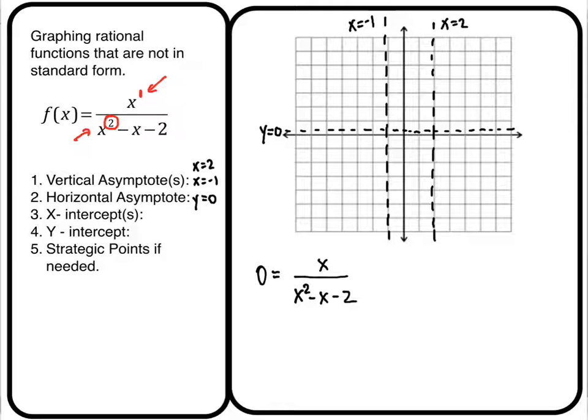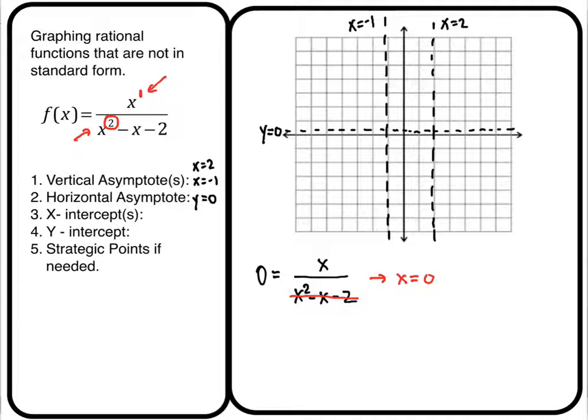We don't usually have to worry about the denominator, because if we have 0 in the denominator, that's undefined. So the only way to get a fraction to go to 0 is that you would have 0 over something. That would equal 0. But if you had some number divided by 0, you would have undefined. So we only really have to worry about setting the numerator equal to 0, and we end up with x equals 0, and it kind of solves itself.